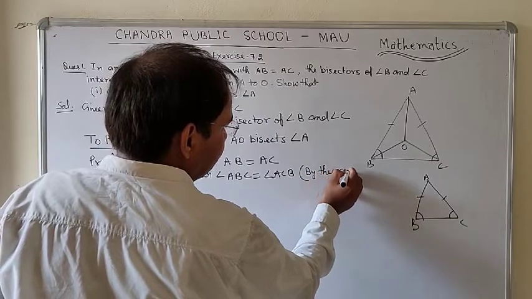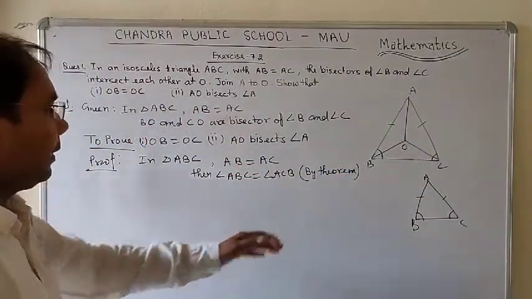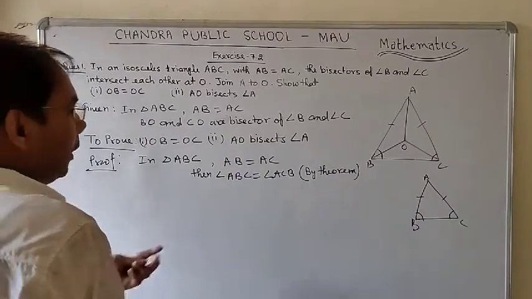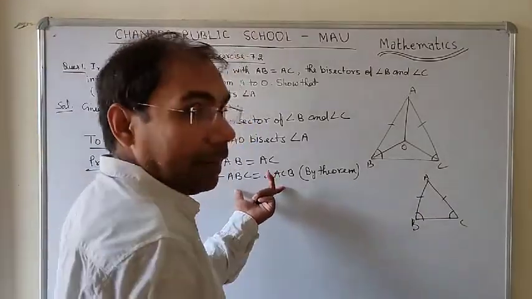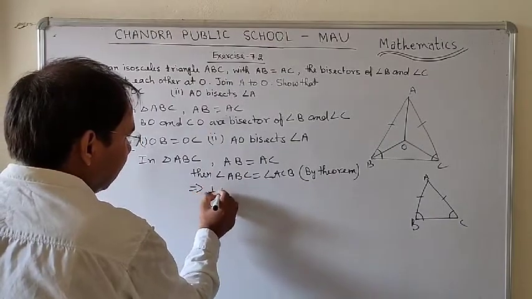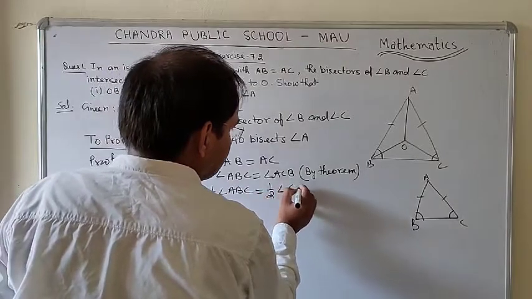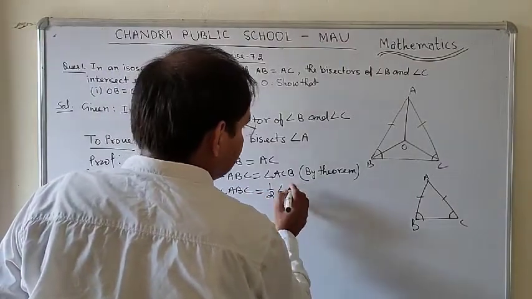According to that, if two sides are equal, then their opposite angles are also equal. Now if these two are equal, then their halves will also be equal. So we can write, it shows that half of angle ABC equal to half of angle ACB.